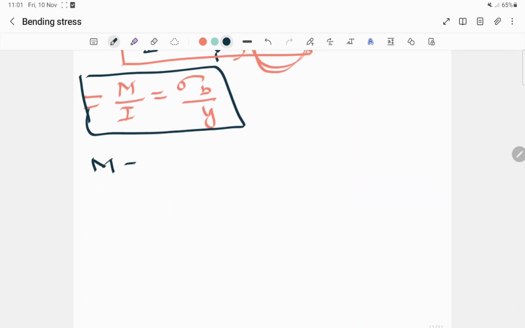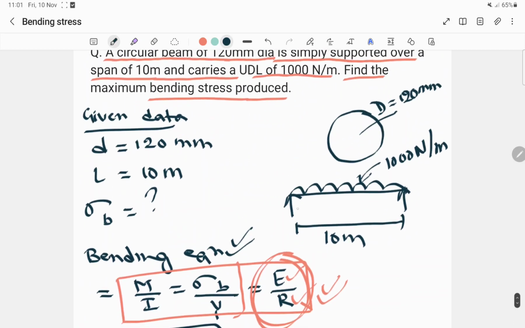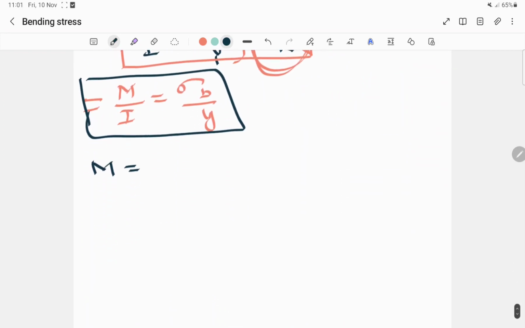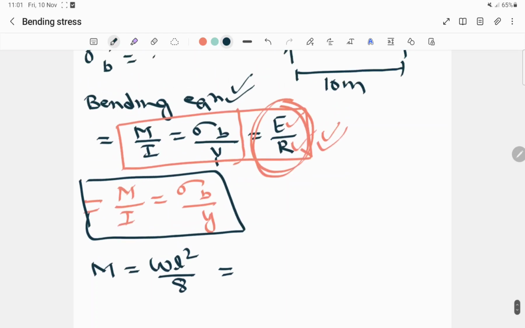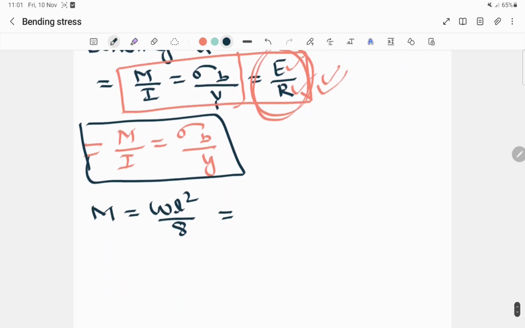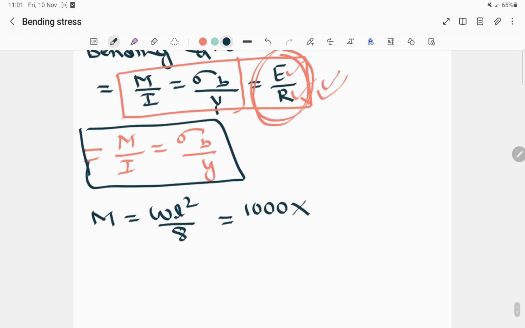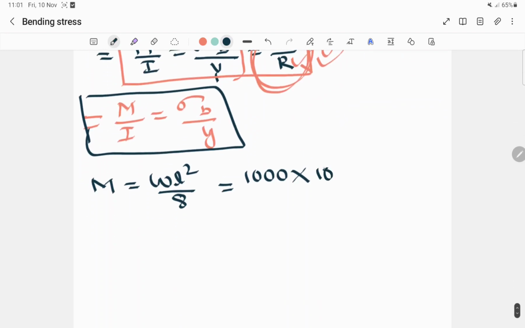The moment M can be found because in the question it's given that it's a simply supported beam and it carries a UDL. So the formula for the moment is WL square by 8. Here W is already given, that is 1000, into the length of the beam, 10 meter, the whole square upon 8.